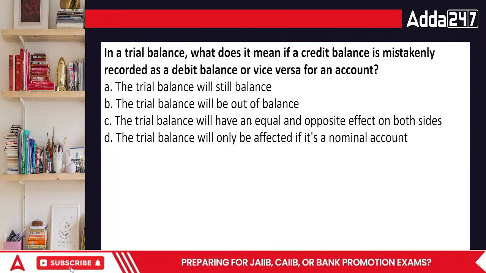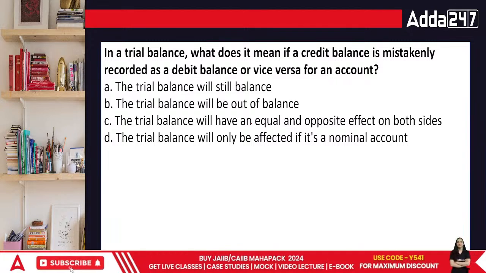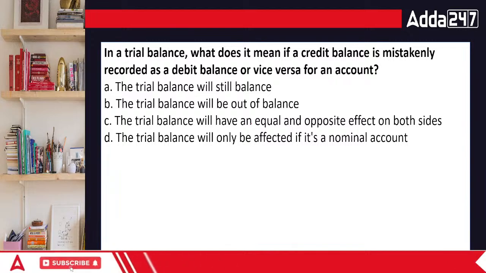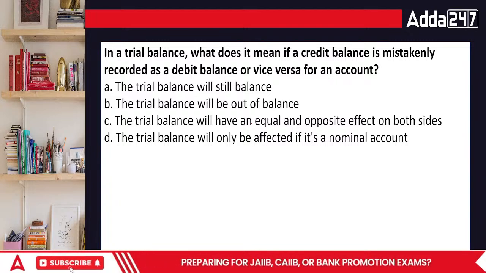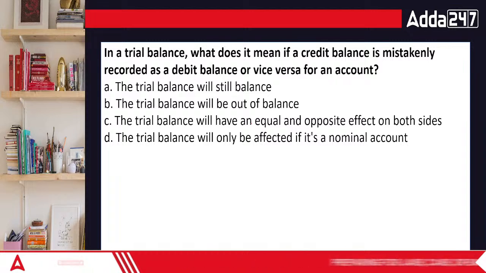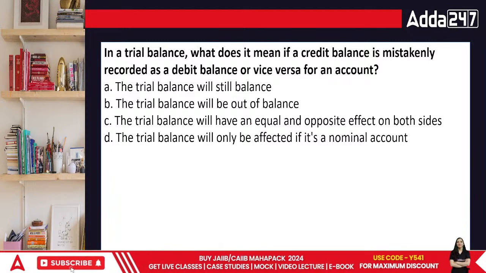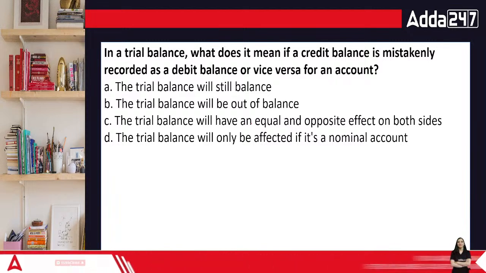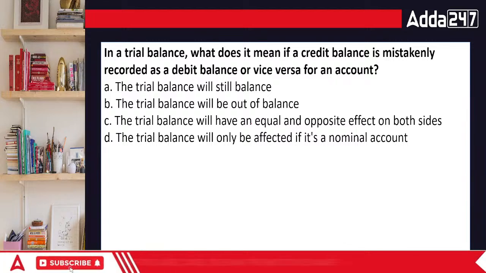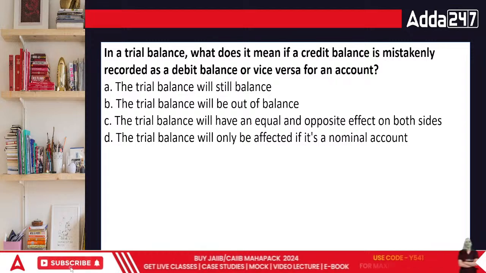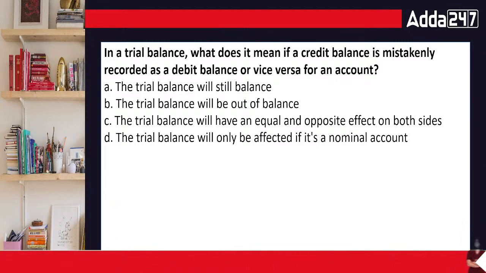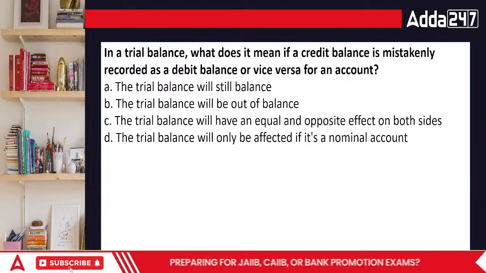In a trial balance, what does it mean if a credit balance is mistakenly recorded as a debit balance or vice versa? Trial balance will still have balance, it is out of balance. This will have an equal and opposite effect on both sides. Or the trial balance will only be affected if it's a nominal account. Nominal account means real, personal or nominal. है ना? Real is basically asset based, personal is person based, and nominal is expenses and incomes based.